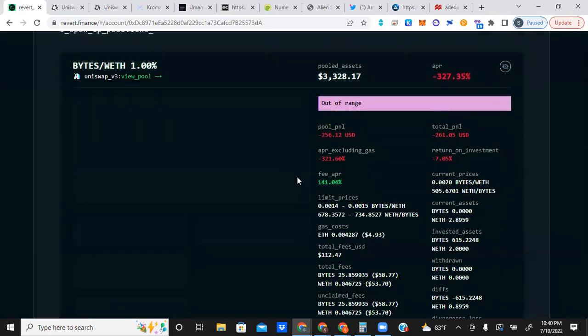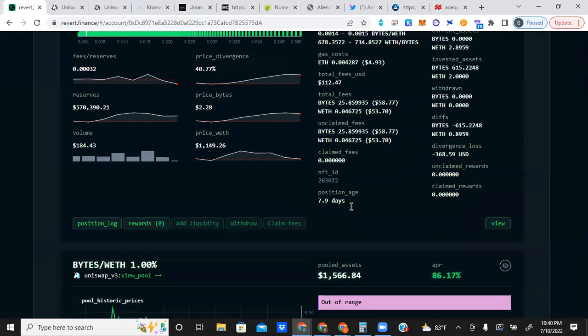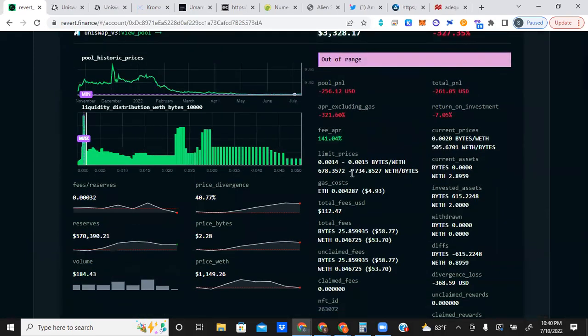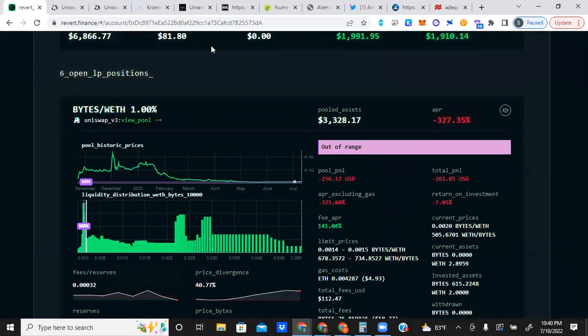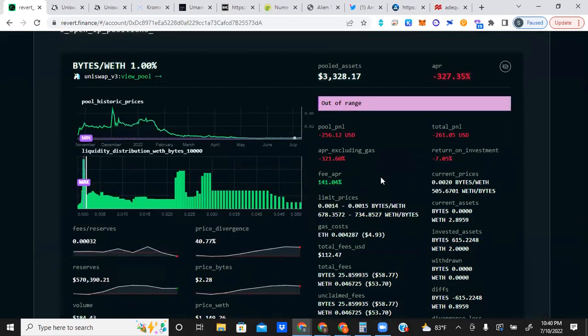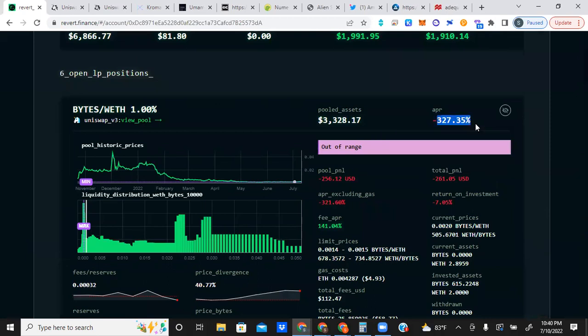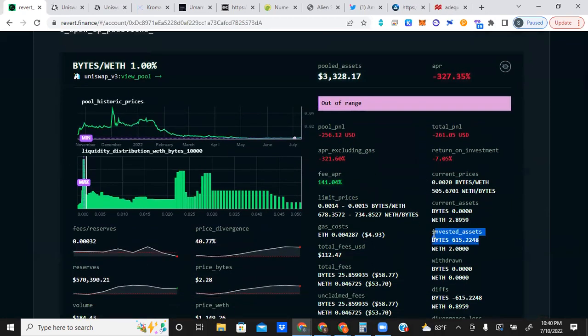One thing that I did do, it's been about 8 days now. I wanted to create a little bit more concentrated liquidity and fill some gaps that I had. Obviously not really the best move. I put in too many bytes and too much ETH.